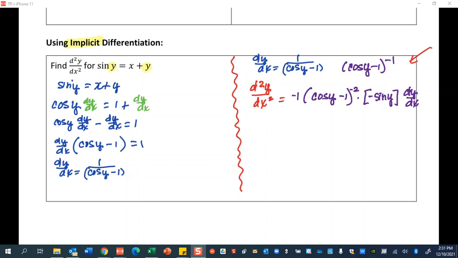So we're going to go ahead and say that d2y, we're going to clean this up a little bit, dx2 is equal to this negative of this 1 and this negative on that sine of y end up canceling out. So that sine of y, and we'll go ahead and put this cosine of y minus 1 squared back down in the denominator. And what the heck do I do with this dy dx?